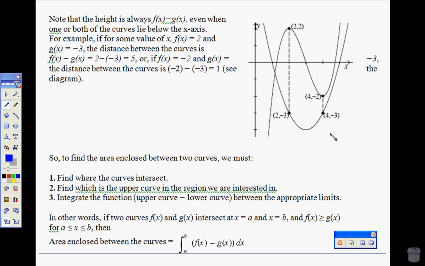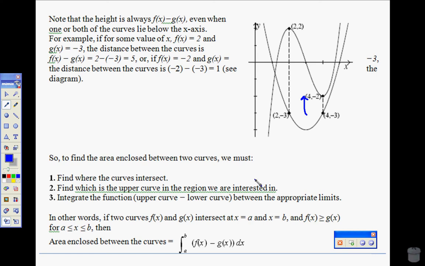If I added 4 to each function, it would shift both curves up 4 units and put them both above the x-axis, and I'd still get the same area. The area between them is always going to be the same, no matter where they are on the number plane.